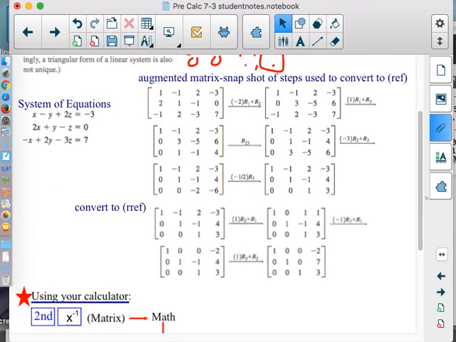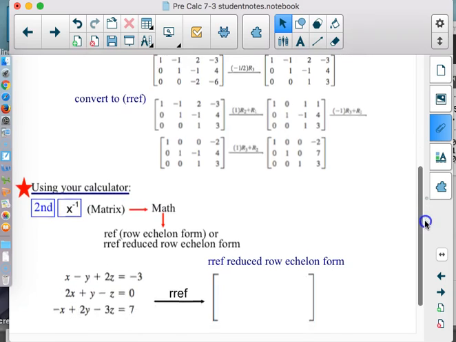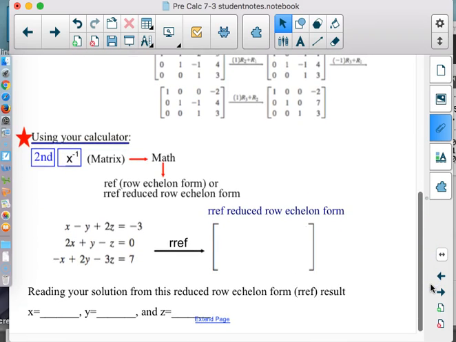what they want us to do from here. So this says just using our calculator, if we punch all of this in, we'll get that reduced row echelon form, which we have right up here.